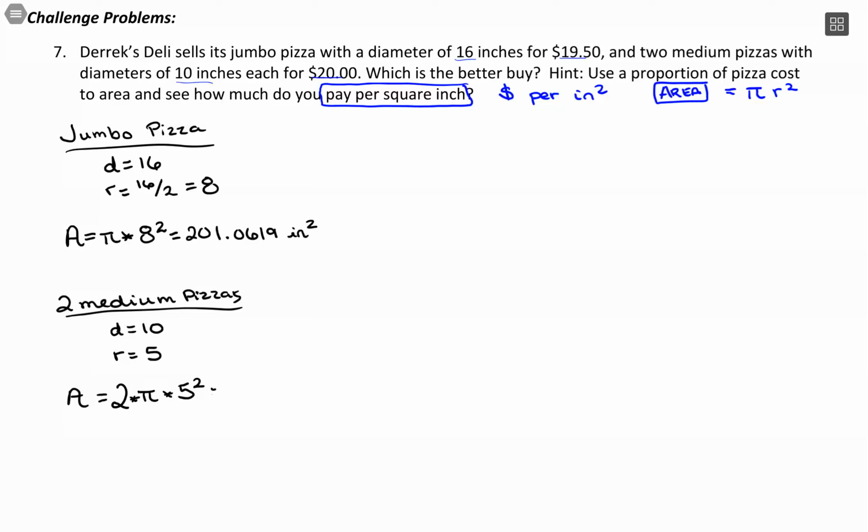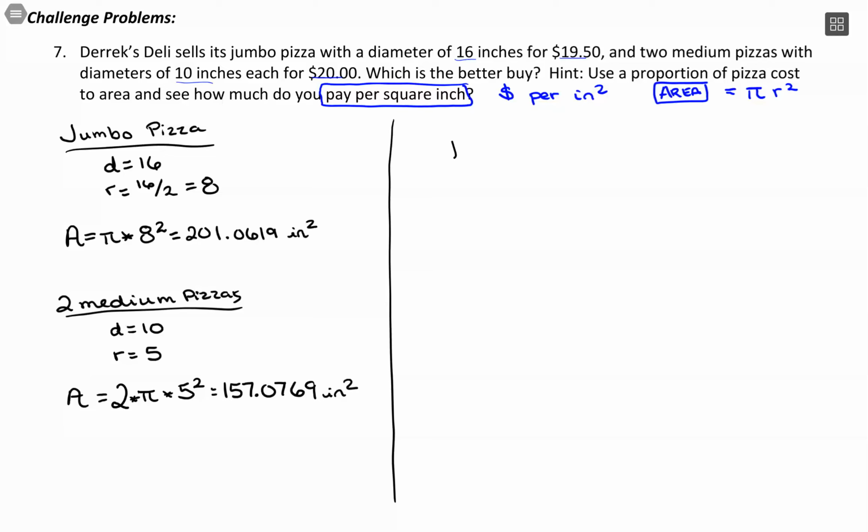So when we do this, we should get an area of 157.0769 inches squared. So in terms of comparing area, if we were just interested in eating more pizza without thinking about the cost, jumbo pizza. That has a much larger area, but what we want to understand is, what about bringing the cost into the equation? How is that affecting things?